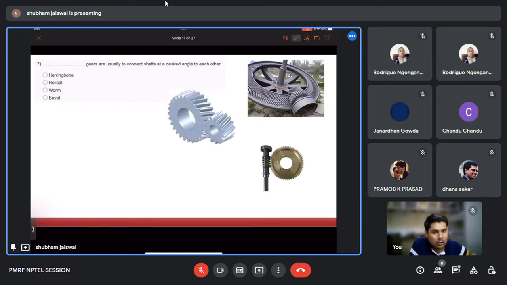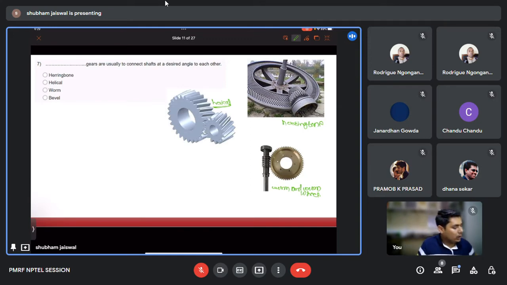So these are the three different types of gear. This one is herringbone. This one is worm and worm wheel. And this one is helical.